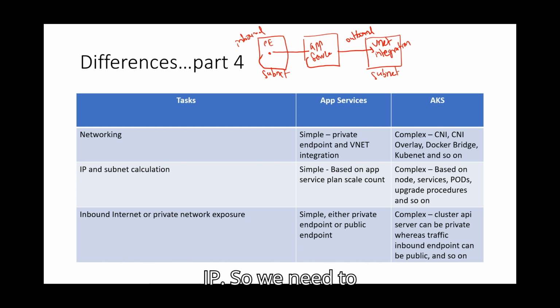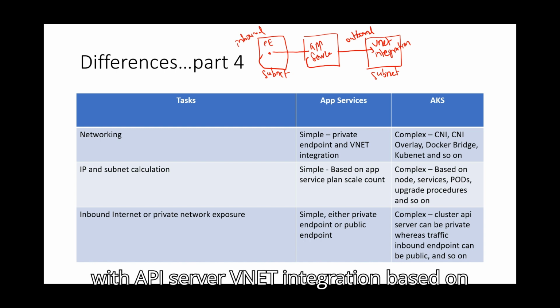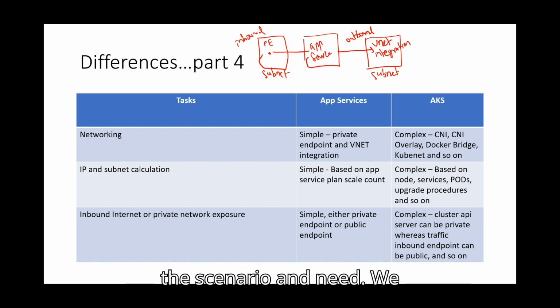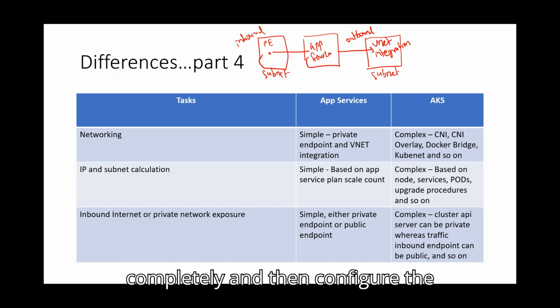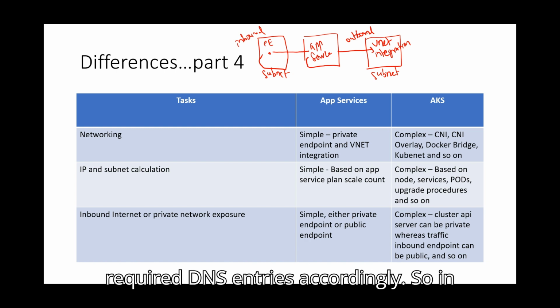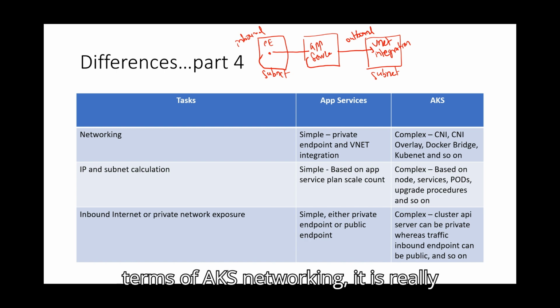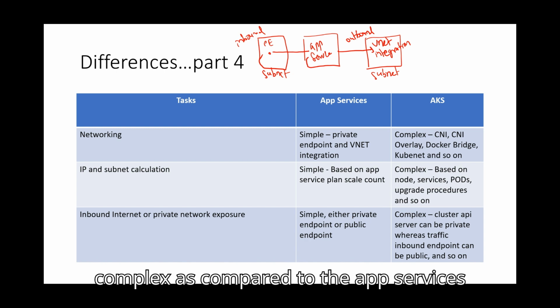So we need to configure a fully private cluster along with API server VNet integration based on the scenario and need. We might have to disable the public endpoint completely and then configure the required DNS entries accordingly. So in terms of AKS networking, it is really complex as compared to the app services network configuration.